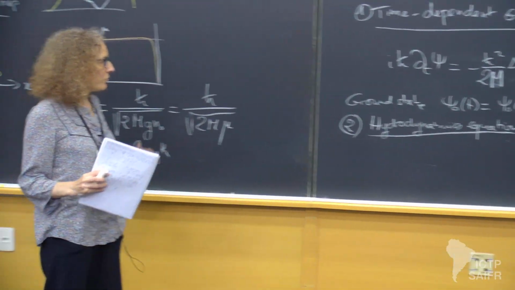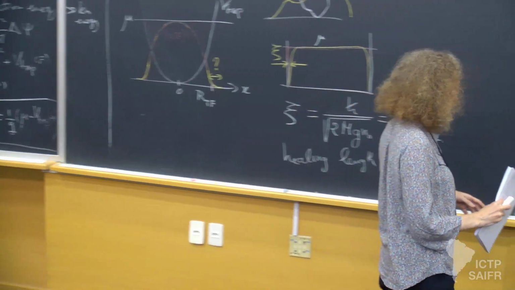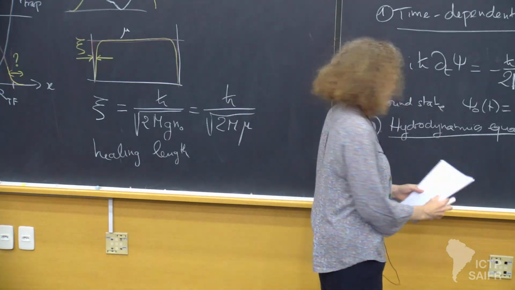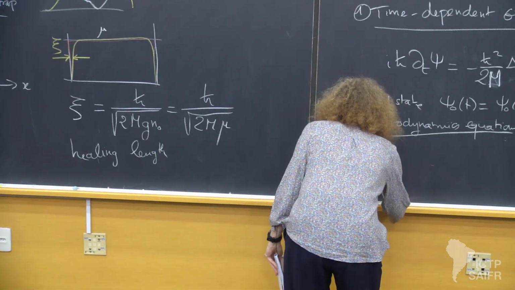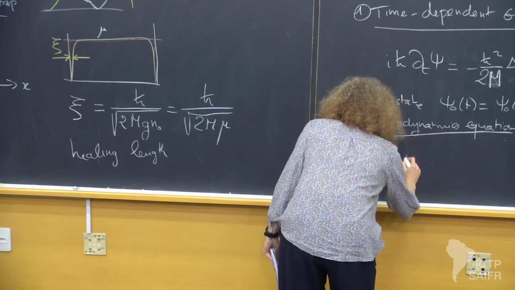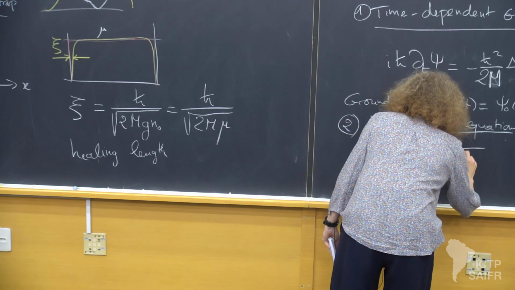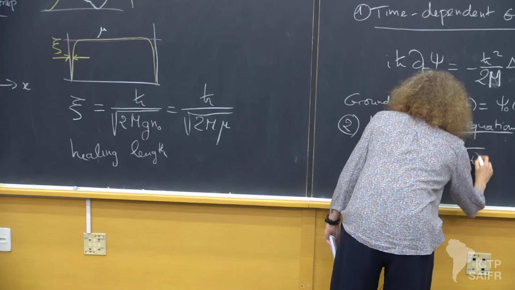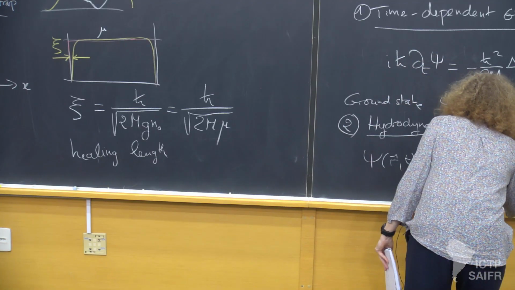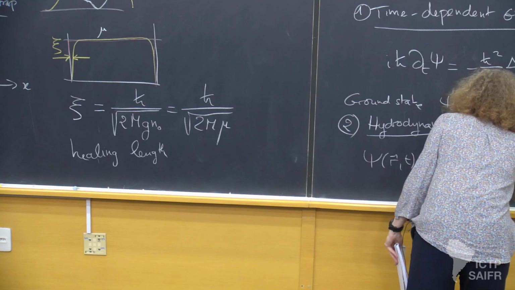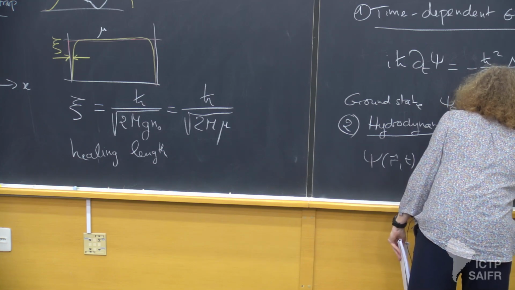Okay, so if I want to write psi in terms of its density and its phase, what I do is to write that psi of r and t is the square root of the density of r and t times e to the i, the phase, theta of r and t.